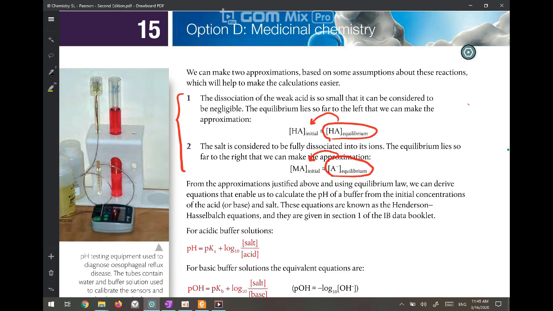Okay, so the main components of the buffers are acid and its conjugate base, or we sometimes call it acid and the salt, because the concentration of the salt and conjugate base are the same. We have a very famous equation, the Henderson-Hasselbalch equation, which can determine the pH of the buffer solution for us.